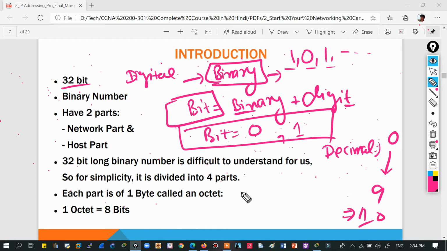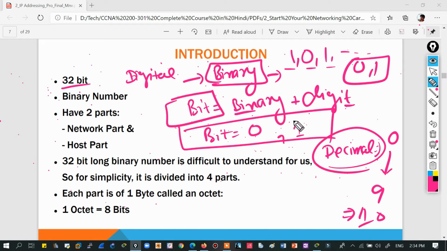But in the binary number system we have only two numbers, 0 and 1. So the computer needs to convert my decimal number into a binary number so that it can understand the data. But as we know, we are not comfortable with binary numbers. We humans need decimal numbers, right? That is the reason computers understand binary.